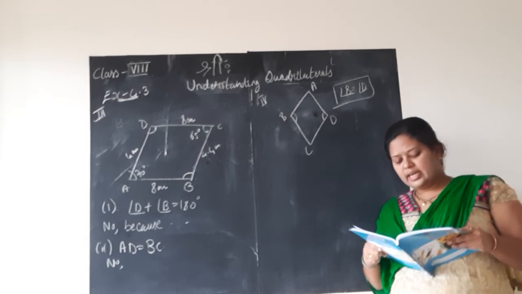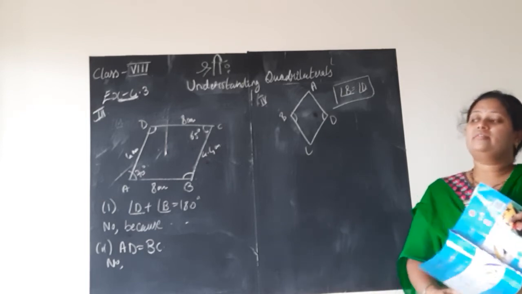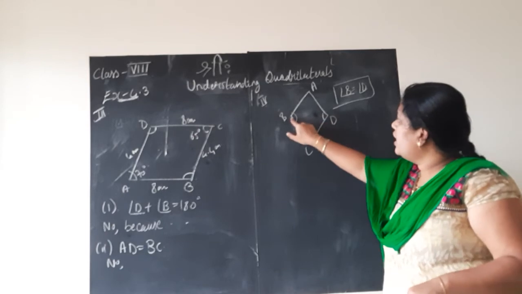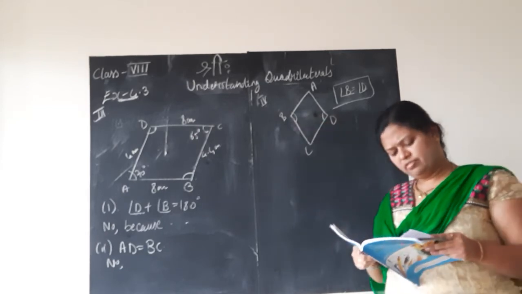Yes, sir. Kites have two interior angles equal. So by property we can say kites have opposite angles equal. So angle B is equal to angle D, you can say. That's all, enough.